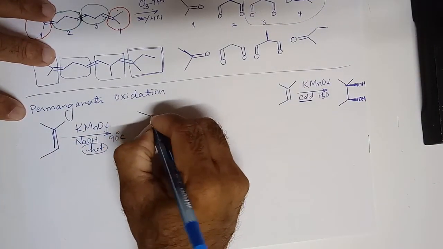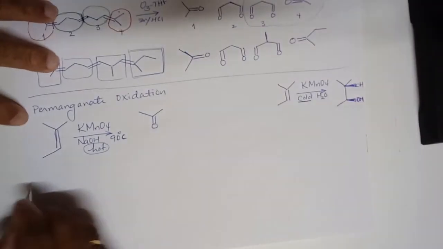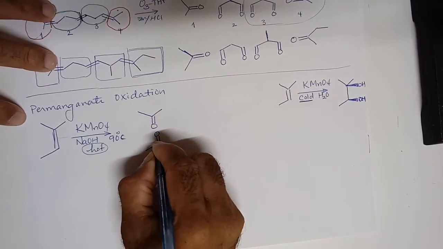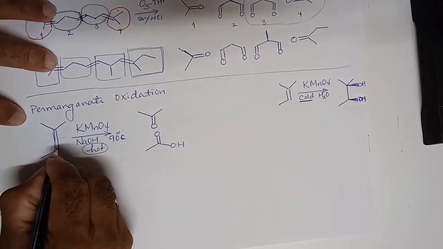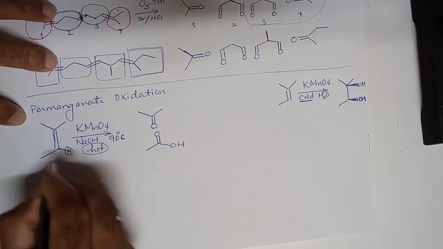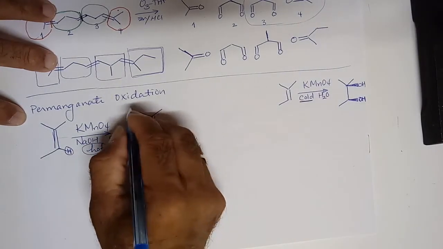What it does is, just like ozonolysis, the top splits like that. The bottom, however, gives you a carboxylic acid. If there is a hydrogen there, that becomes a carboxylic acid. If there is no hydrogen, it gives you this kind of thing.